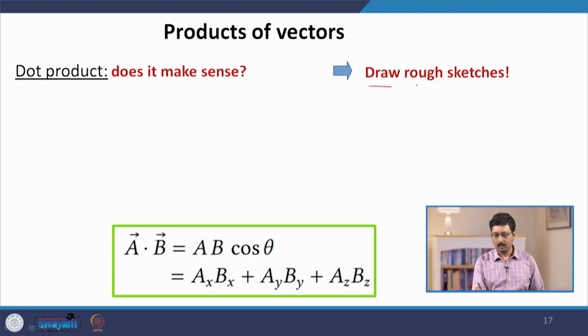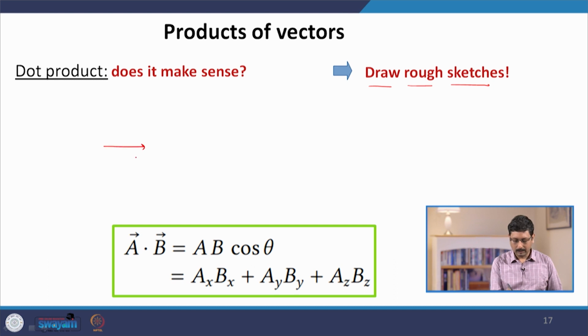This is a very important question that helps you understand physics. And what are the strategies? The first strategy is to draw sketches. As you know, there is a saying that a picture is worth a thousand words. So, drawing pictures helps you understand the concept. So, what does the dot product mean in pictures?